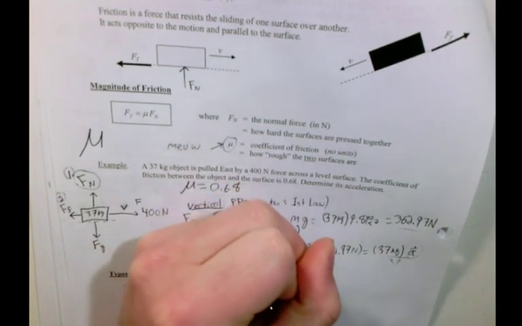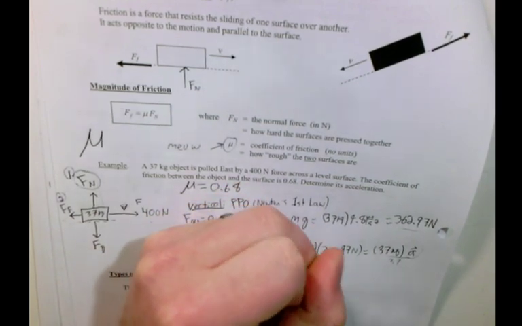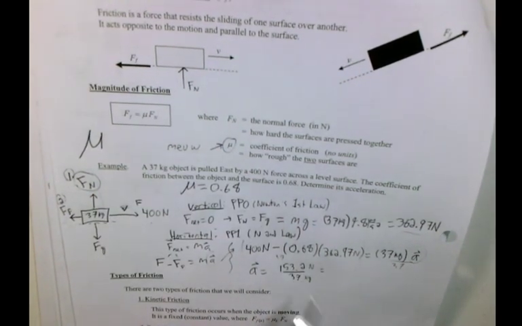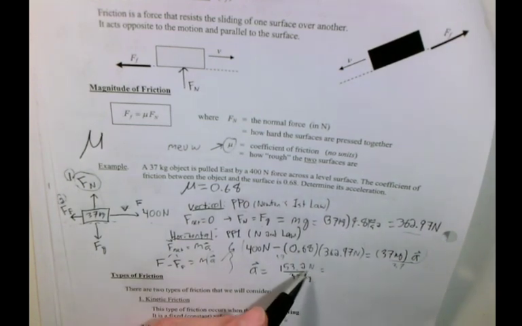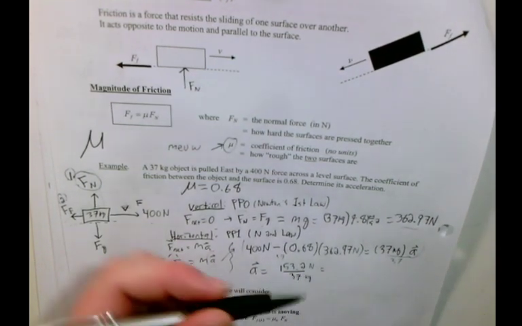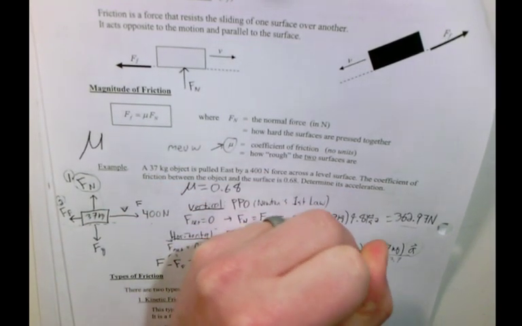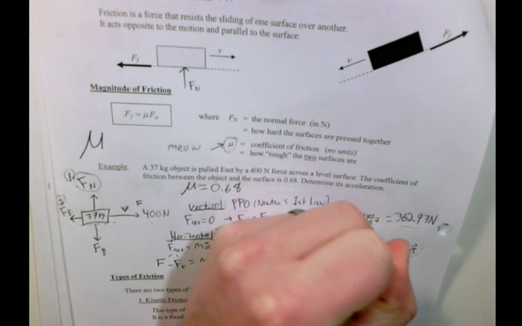So that would be newtons over kilogram. And if we break up newtons into its fundamental units, we have kilogram meters per second squared divided by kilograms. We have the correct units, and we get 4.1 meters per second squared.